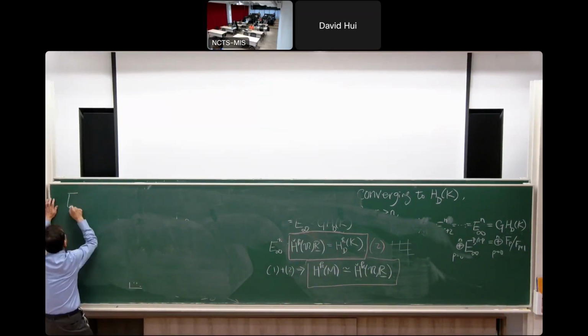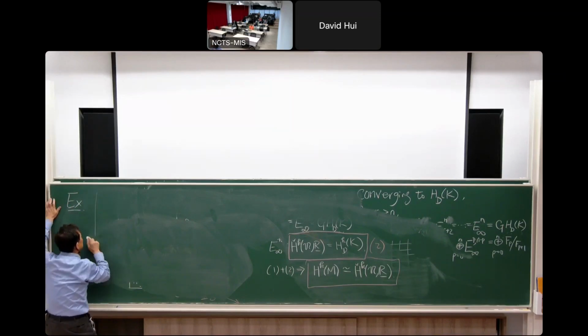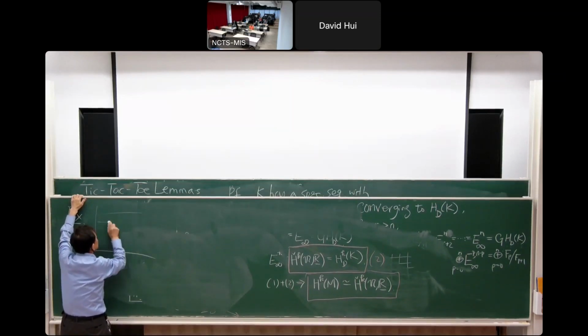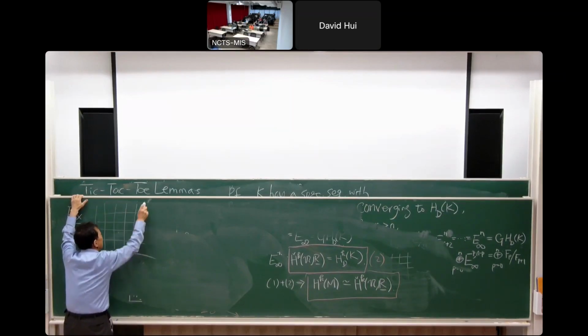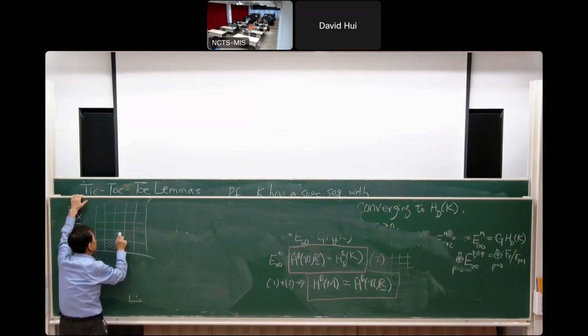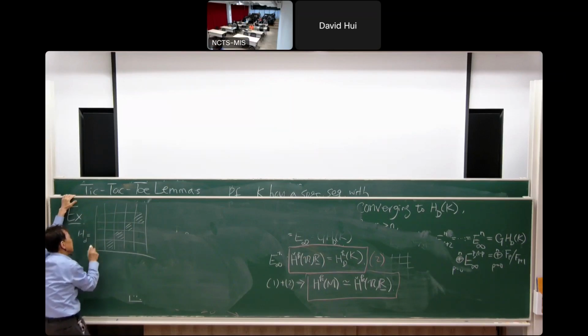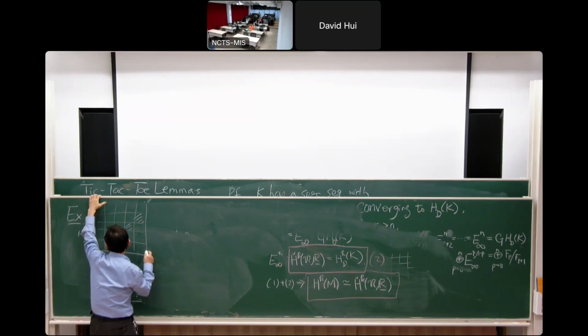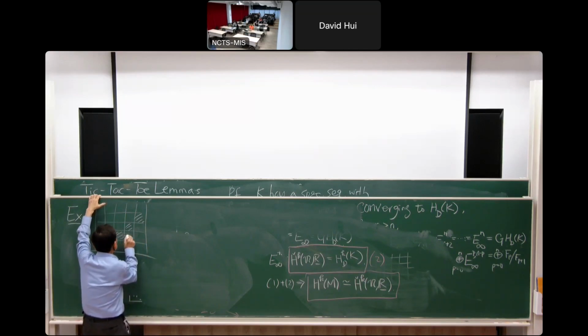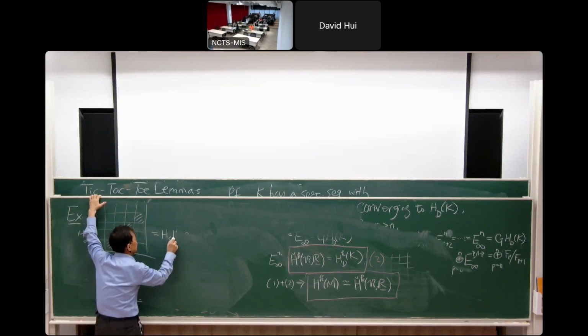For example, in the homework, we had a shape that's diagonal. Say HD looks like this. And then delta goes across. So delta is 0. Therefore, this is also H delta HD.